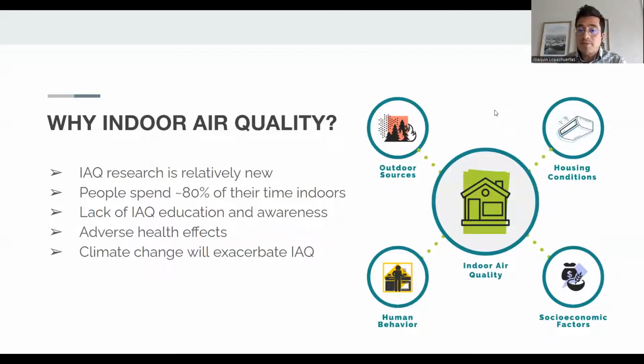At the same time, this has produced a lack of understanding of the exposure levels of pollutants, which creates adverse health effects such as chronic diseases. It is also important to understand that climate change is exacerbating these indoor air quality conditions.